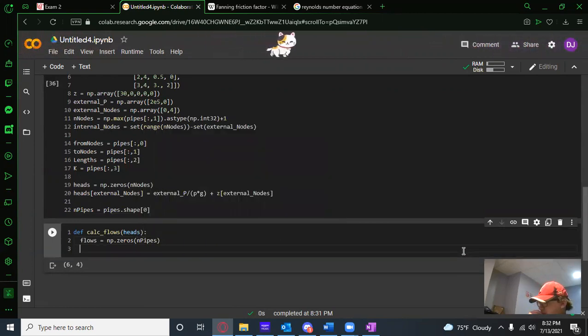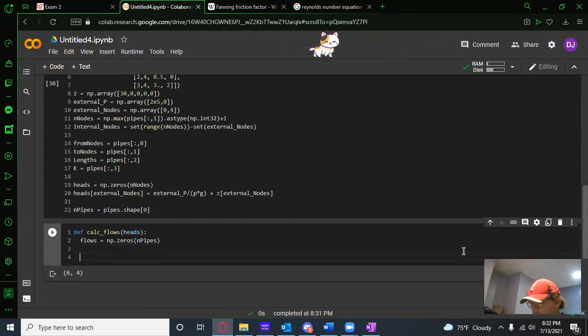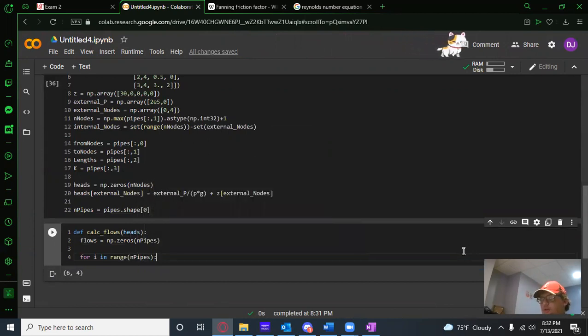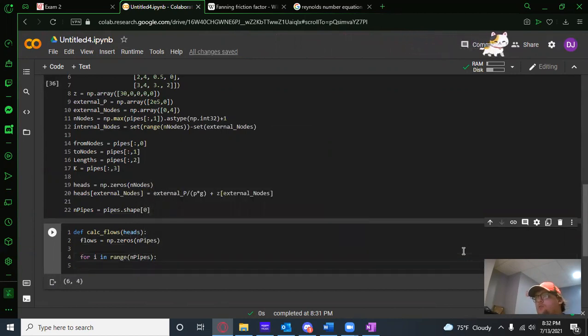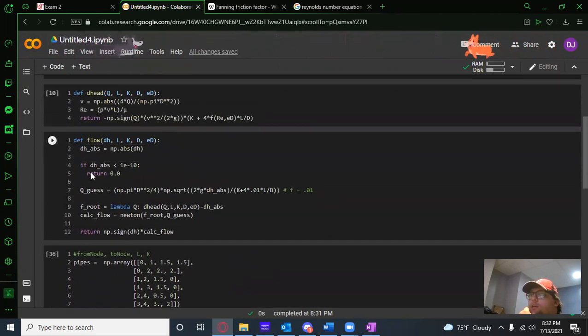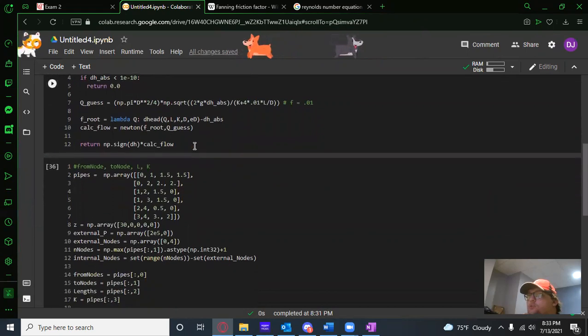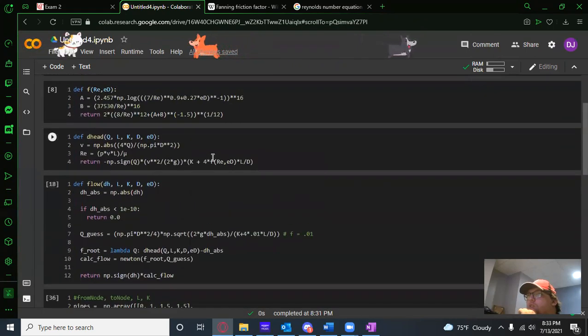And then what's going to happen here is for i in range of n pipes, we're going to be calculating the flow of the pipe. So once again, this is why we have our flow right here, where it's going to return our Q. So the only thing we need now is to calculate our DH.